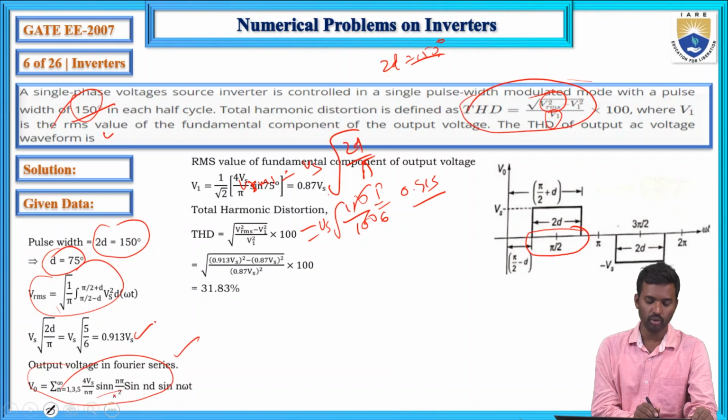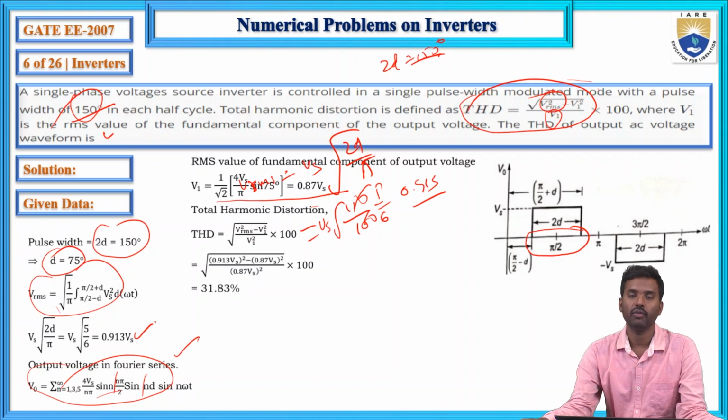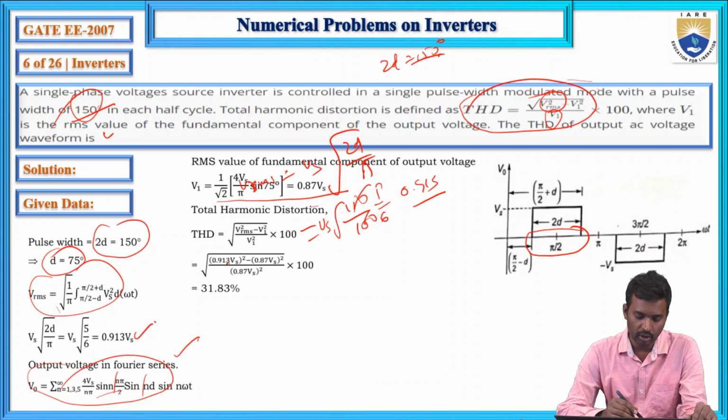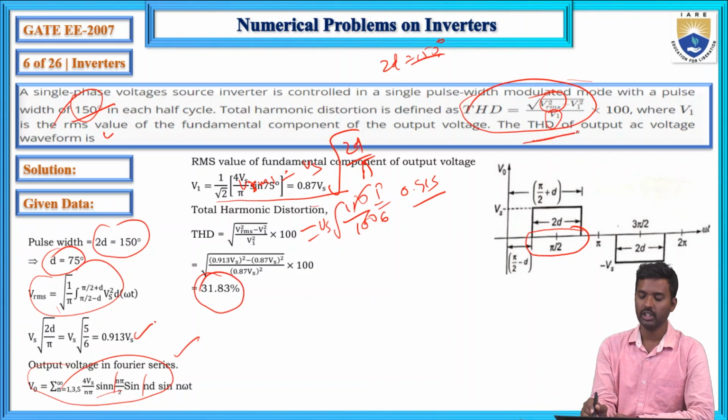This is divided by root 2, that is how you will get the RMS value, and here substitute n equals 1, D equals pi by 2, and now this value equals 0.87 Vs. So now here 0.913 Vs whole square minus 0.87 Vs whole square, divided by 0.87 Vs whole square. So that is 31.83 percent. This is the THD value.